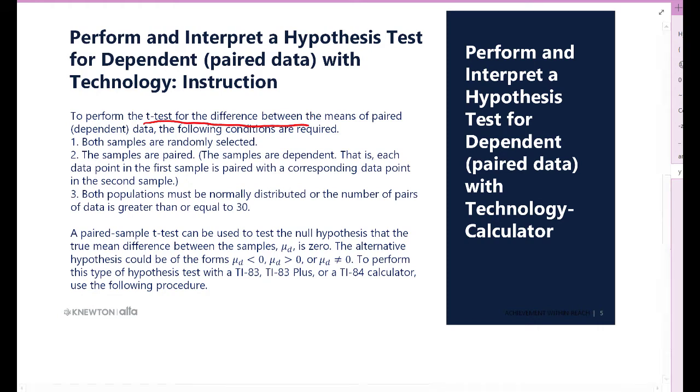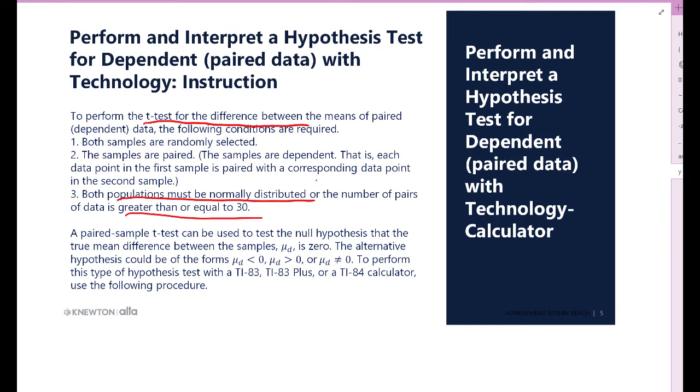Since we're talking about means, we must have the central limit theorem satisfied, meaning we either need our sample size to be greater than or equal to 30, or we need the population to be normally distributed. If those requirements are satisfied, then a paired sample t-test is going to be used to calculate the p-value, which we will need.